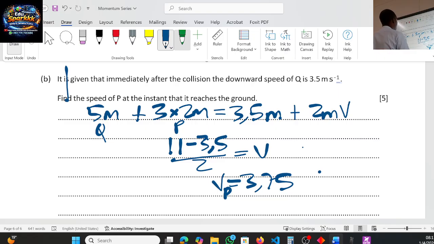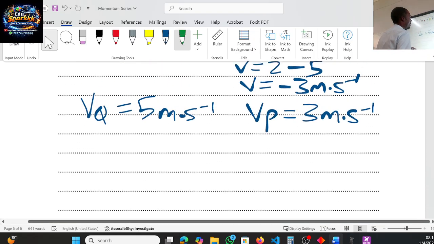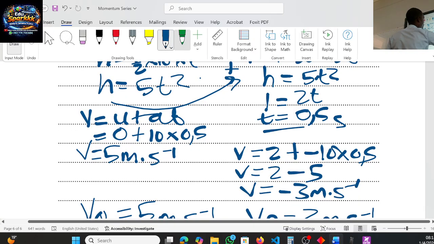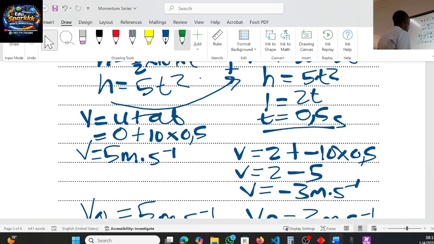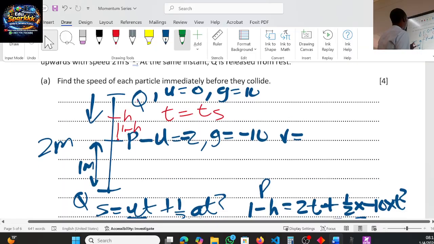So our interest might be, before they collide, how much distance they covered? And we know all this happened in a time of half a second. Which one was free falling? You can target the one that was free falling.